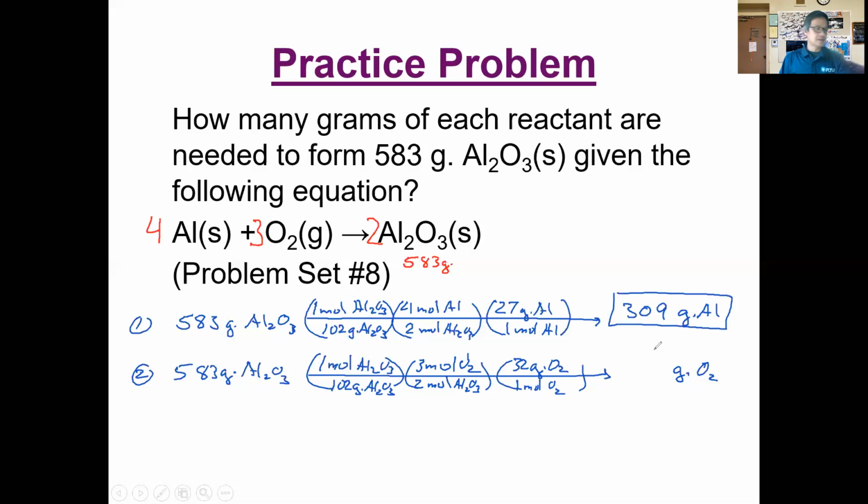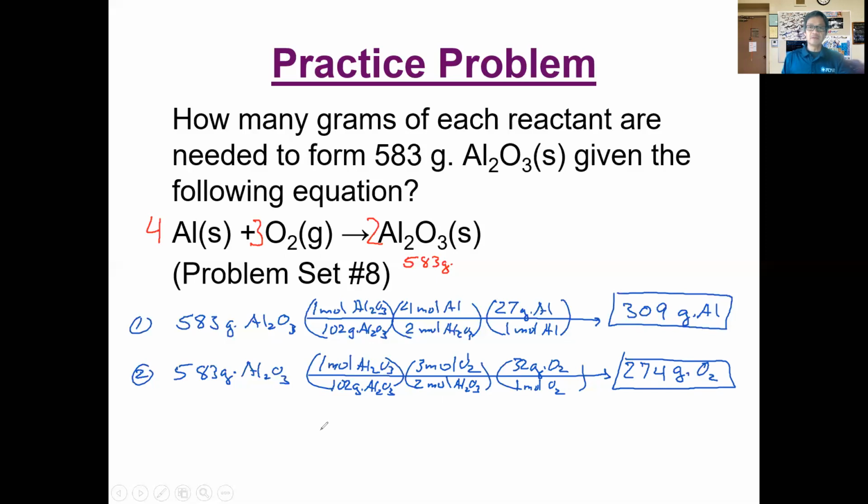Plugging that in, you'll get your answer: 274 grams of oxygen. A few of you may notice that if you remember the law of conservation of mass, you really don't have to do this second conversion. Let's say you just solve for aluminum.